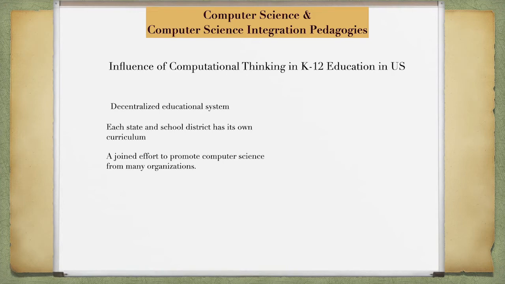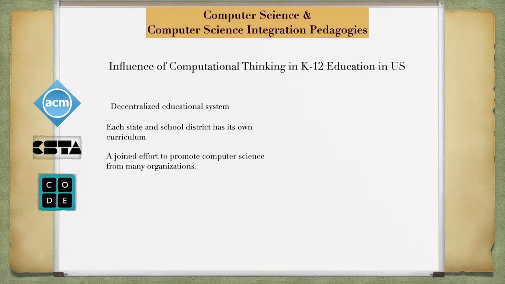For example, the Association for Computing Machinery, ACM, the Computer Science Teachers Association, CSTA, Code.org, and the National Math and Science Initiative, NMSI, to name just a few. Those organizations are all involved in computer science education in order to develop a framework for K-12 computer science education.